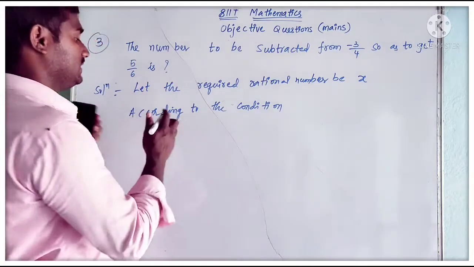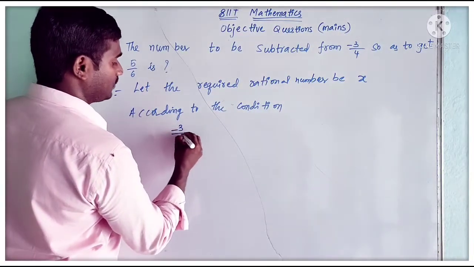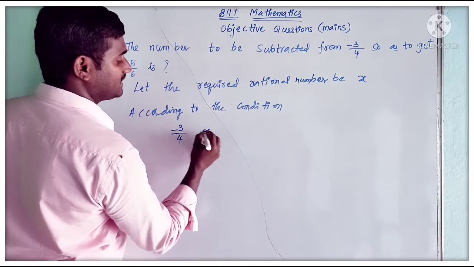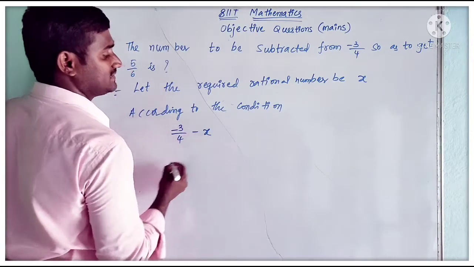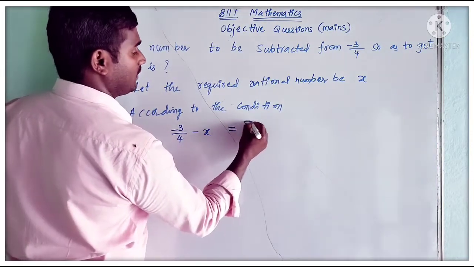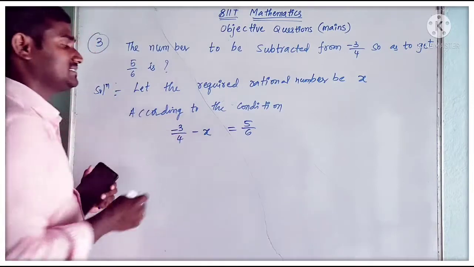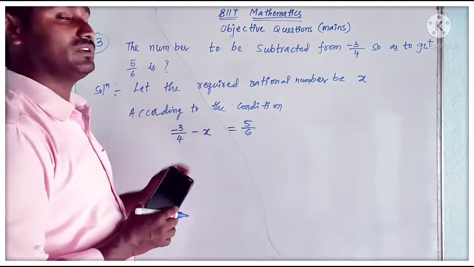So minus 3 by 4 minus x equal to 5 by 6.